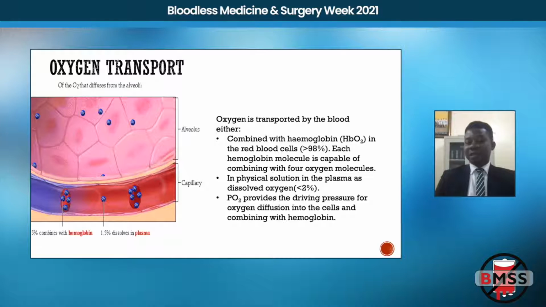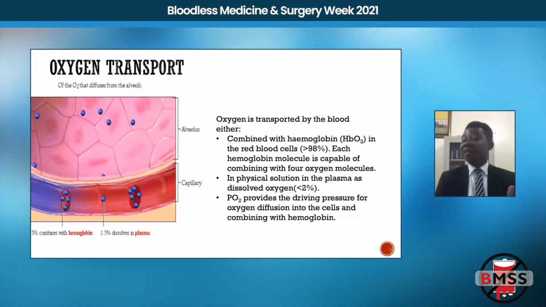Oxygen is transported by the blood, either in combination with hemoglobin or in solution, dissolved in plasma. Hemoglobin takes care of almost 98% of oxygen transport in the system, whereas the dissolved portion is less than 2%.